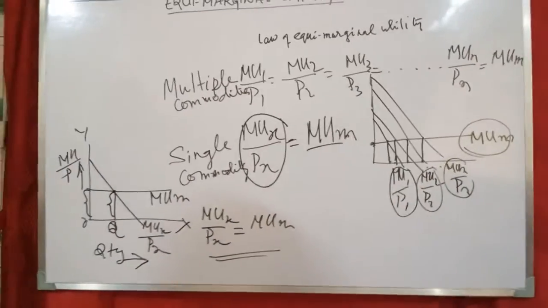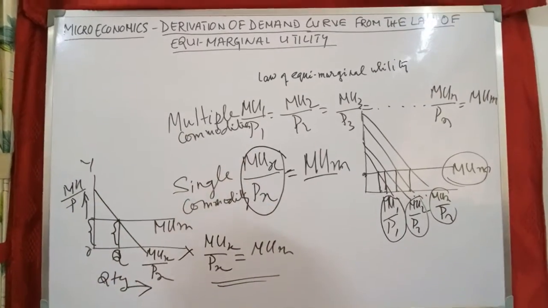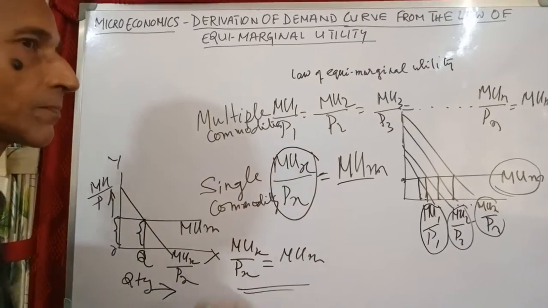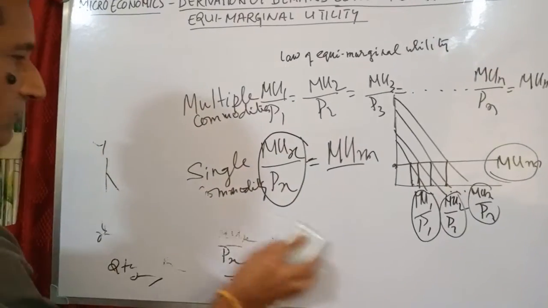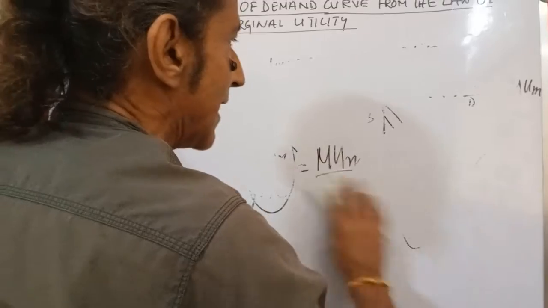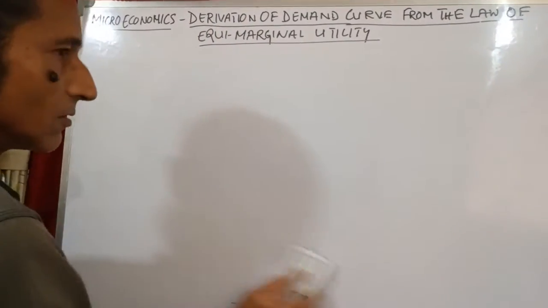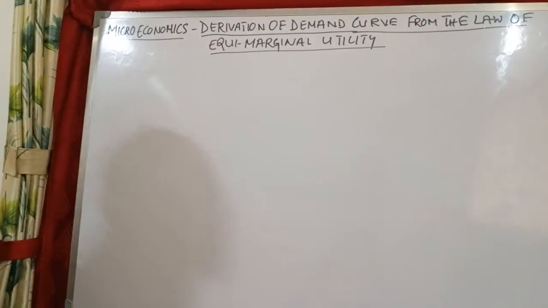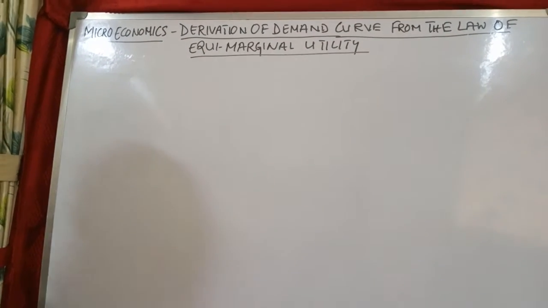Now this video will focus on how the demand curve can be drawn from this law of equimarginal utility. In fact, the law of equimarginal utility, the theory of indifference curve and demand theory, all are theories for analyzing consumers' behavior, and all the theories are interrelated.